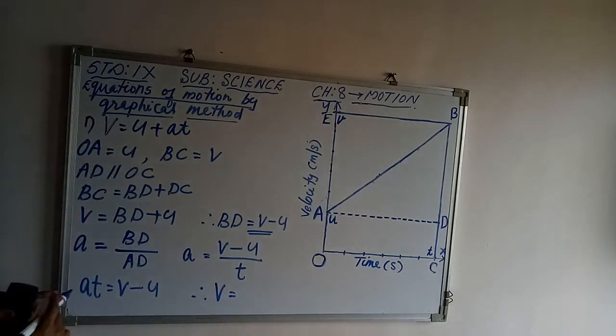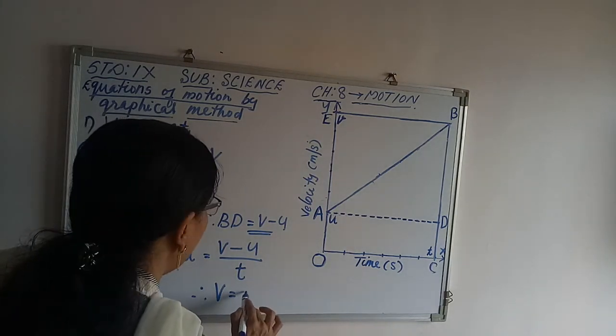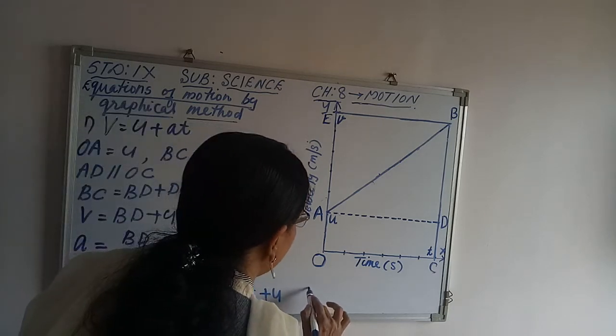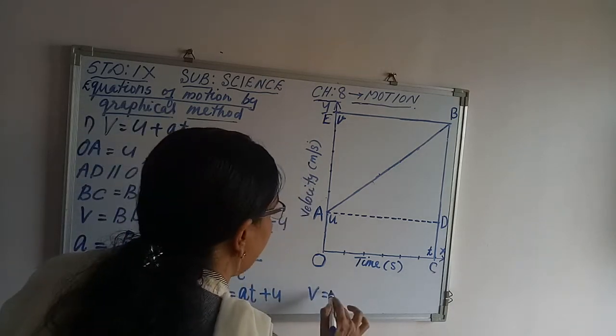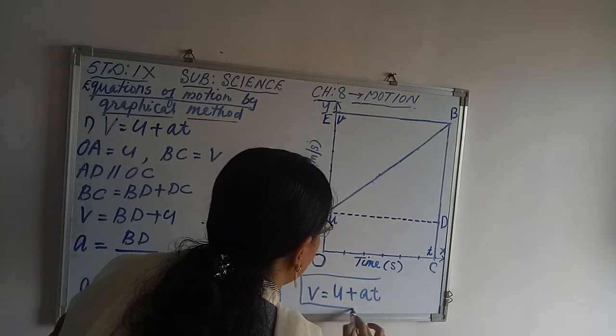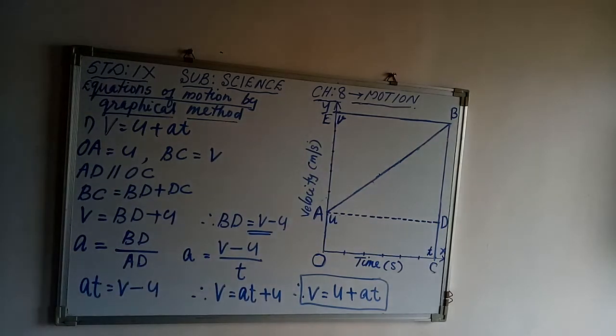Taking minus U to this side, we get V is equal to AT plus U. That is, rearranging, V is equal to U plus AT. This is the first equation of motion, which is called the velocity-time relation.